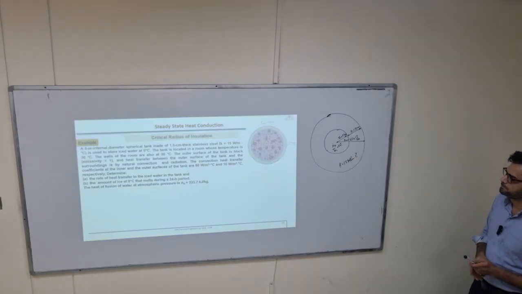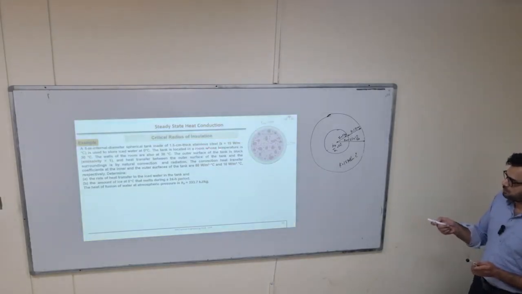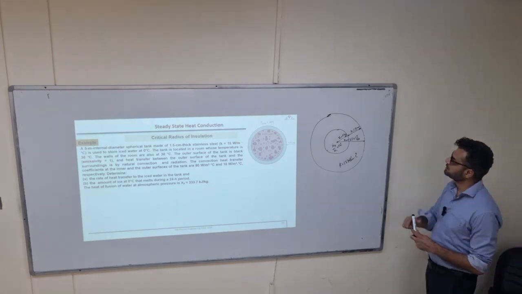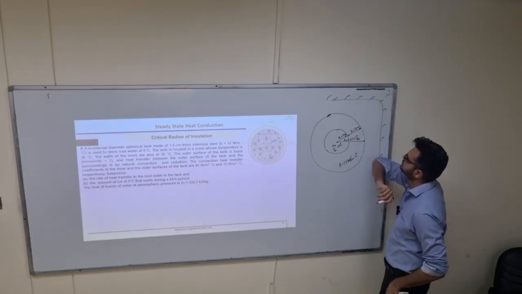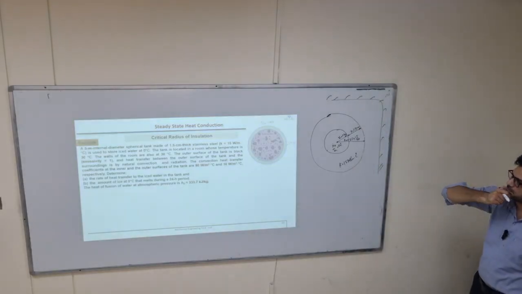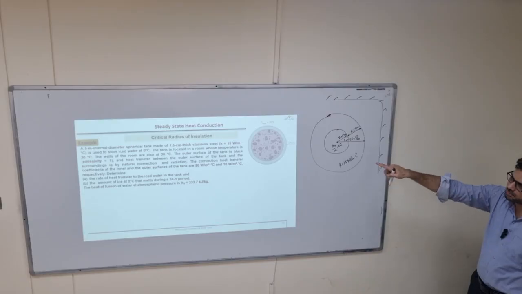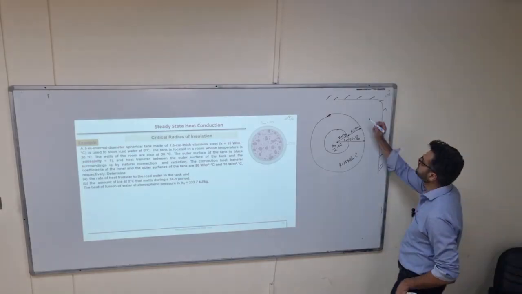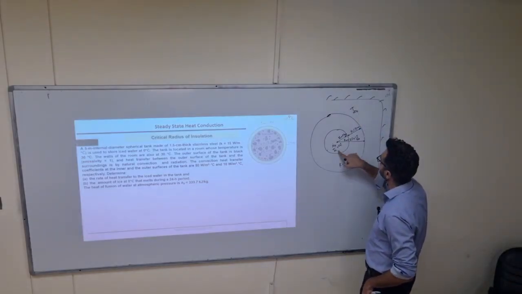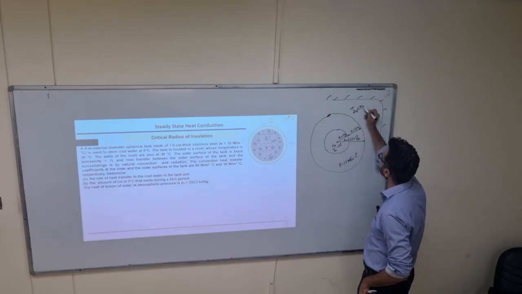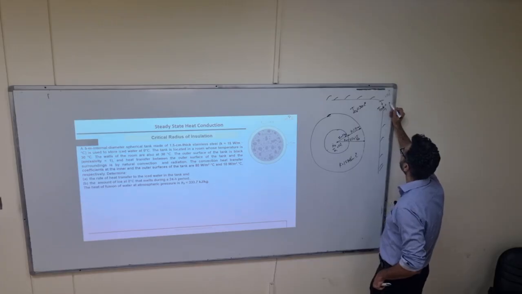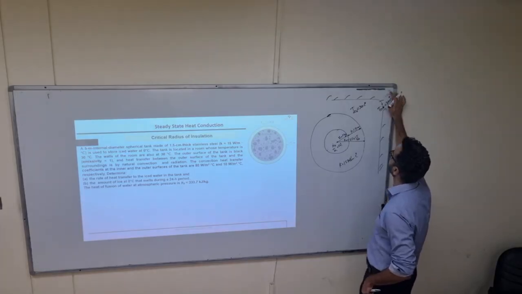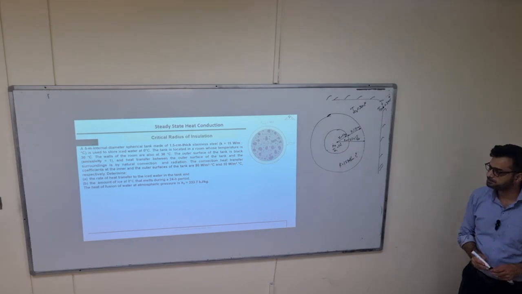The tank is located in a room whose temperature is 30, and the walls of the room are also at 30. So T infinity 1, T infinity 2, and T surrounding, which we normally need for radiation heat calculation, is also 30.